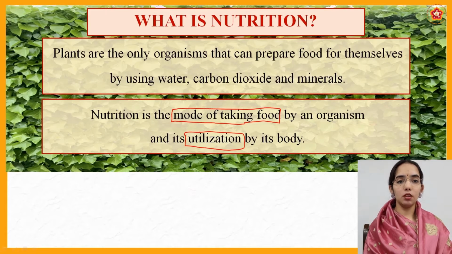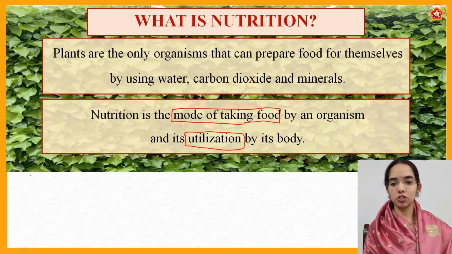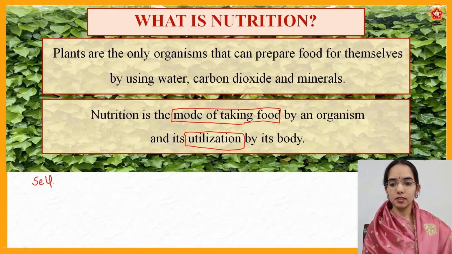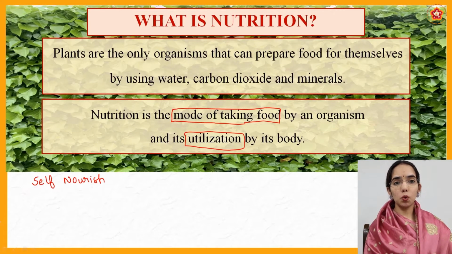For example, how do plants take in food? As the first statement suggests, plants make their own food. So they are self-nourishing themselves. Let me write. Plants self-nourish. Another word for self is auto.